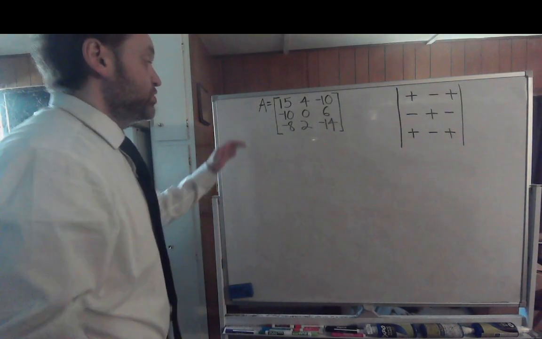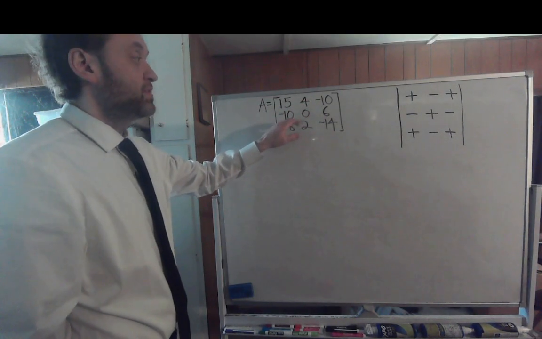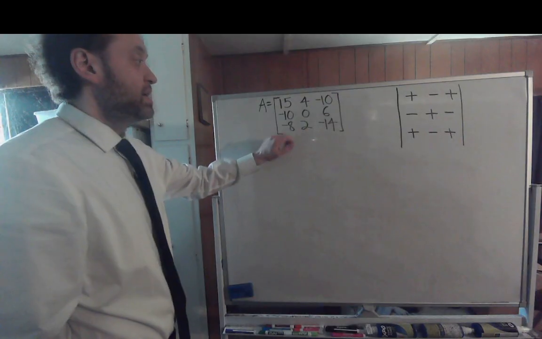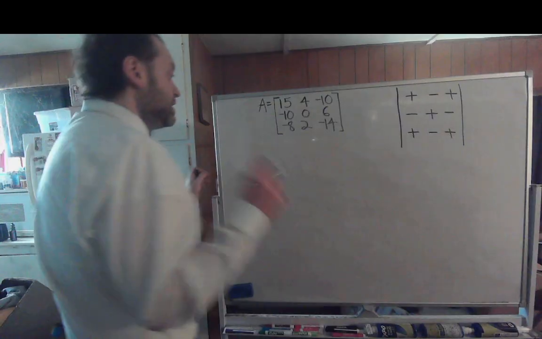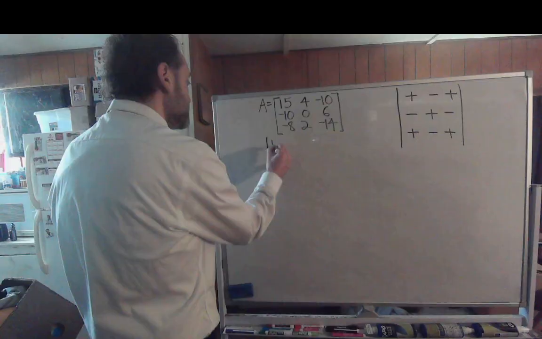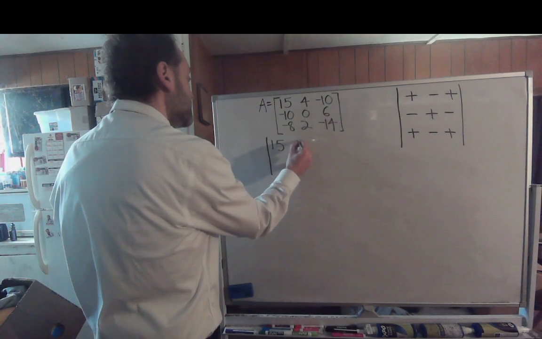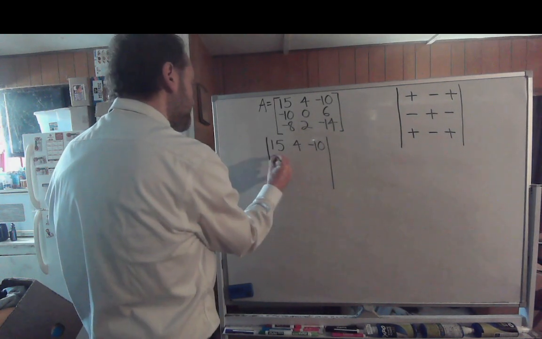There's the matrix of 15, 4, negative 10, negative 10, 0, 6, negative 8, 2, and negative 14. So let's go ahead here, set up our determinant notation for this first. Just take all this, put it into our determinant notation.